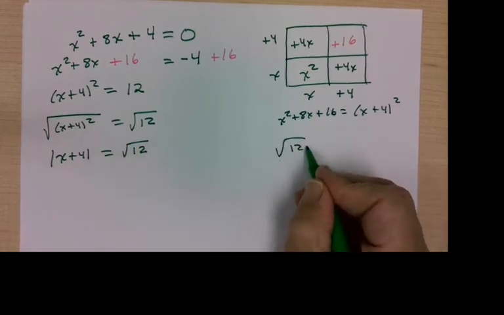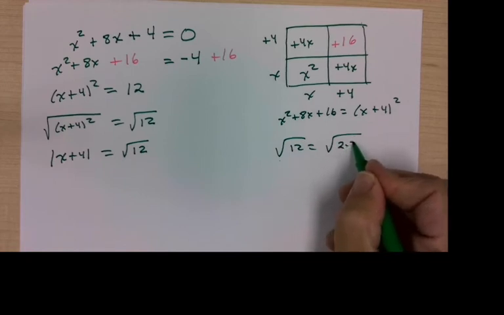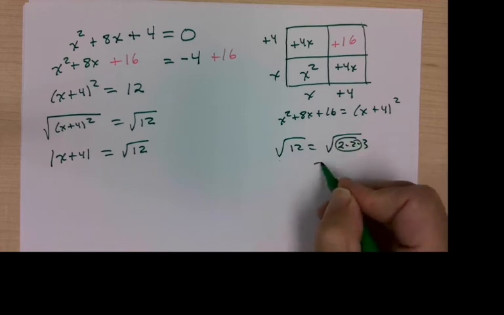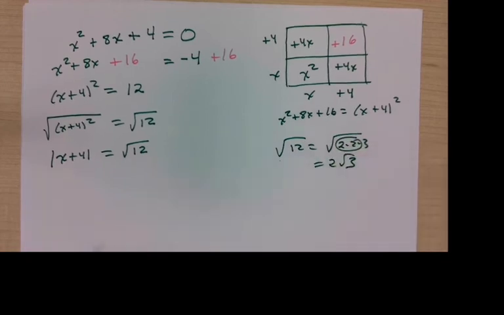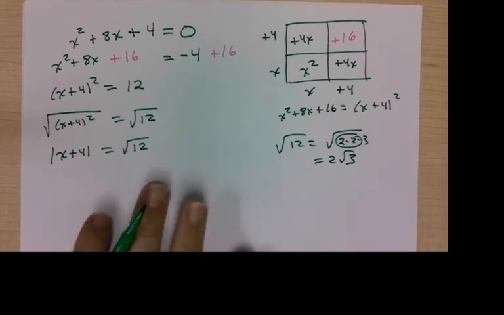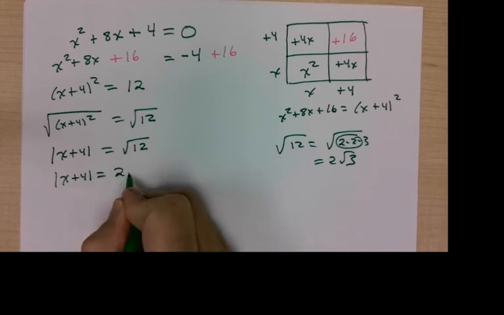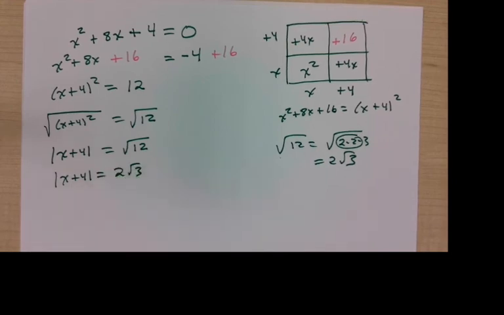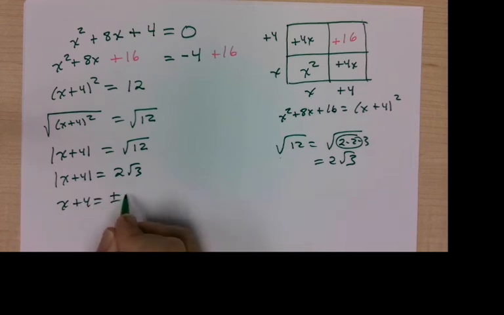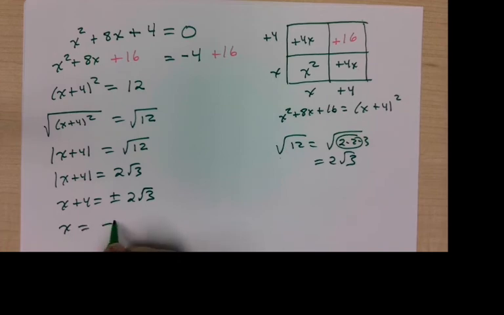The square root of 12 is the square root of 2 times 2 times 3. That's 2 root 3. So the absolute value of x plus 4 is 2 root 3. So x plus 4 is plus or minus 2 root 3. Add negative 4 to both sides and we get x is negative 4 plus or minus 2 root 3.